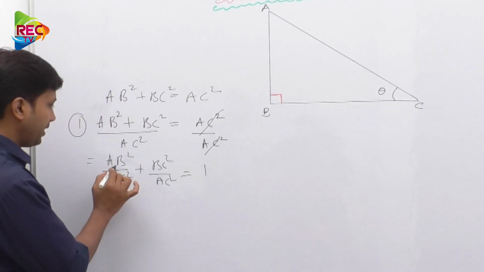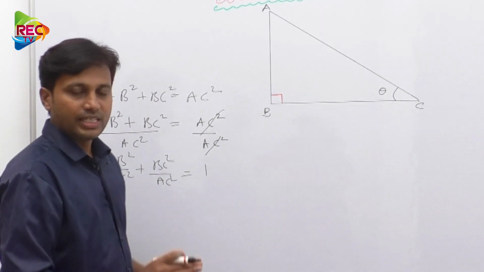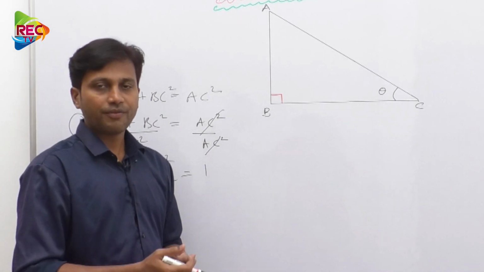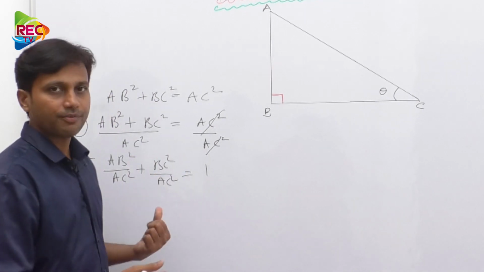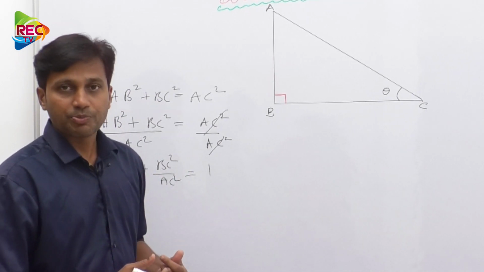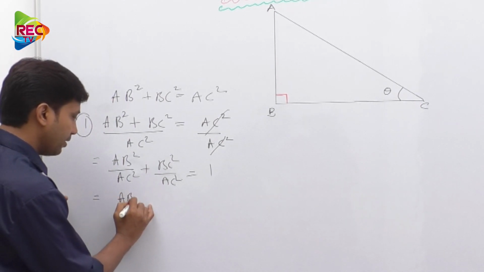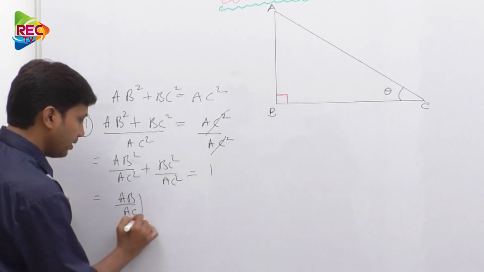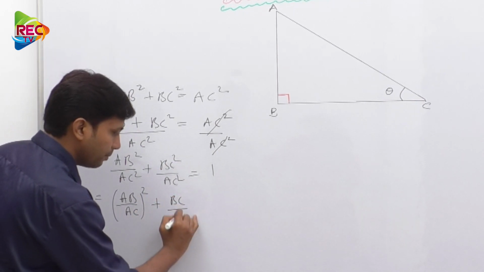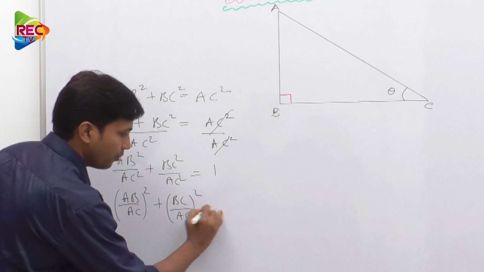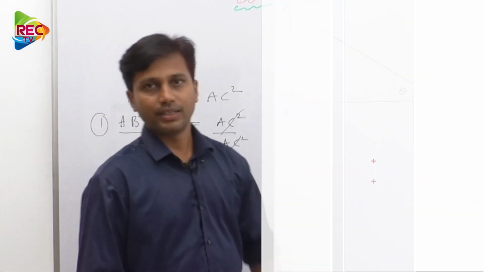Now, a to the power of m by b to the power of m is equal to a by b whole to the power of m. We can write the exponent in common for both the numerator and denominator as per the laws of exponents. So we have AB by AC whole square plus BC by AC whole square, which equals 1. Now let us come on to the figure.